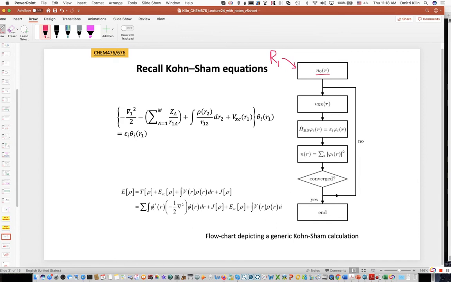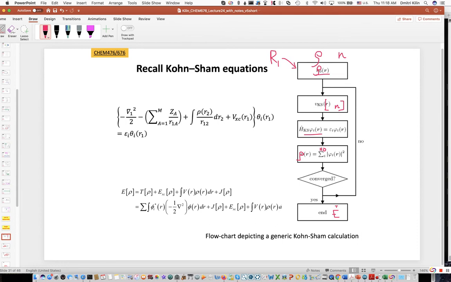Since this was created by physicists rather than chemists, there is only one difference between physicists and chemists in respect to DFT: chemists write letter rho for density, and physicists write letter n. So it's the starting density, and then through the functional, which depends on the density, one gets to the Kohn-Sham equation, composes the density as summation of all occupied orbitals, checks if the system is converged, and then gets total energy.